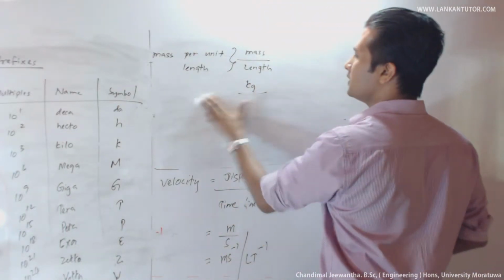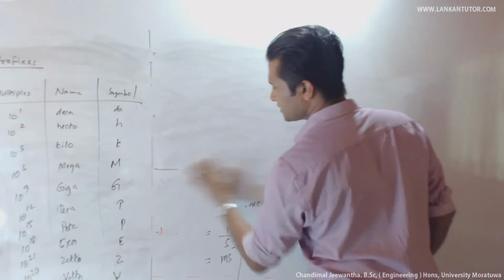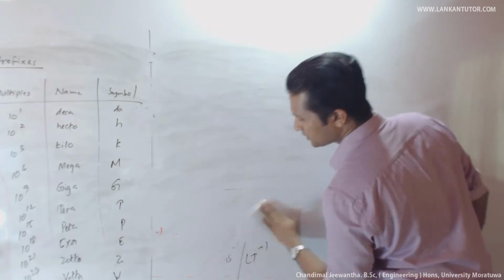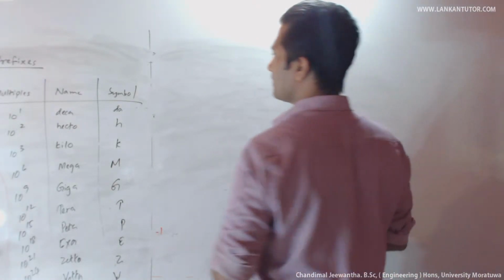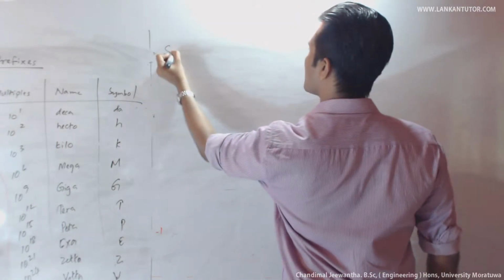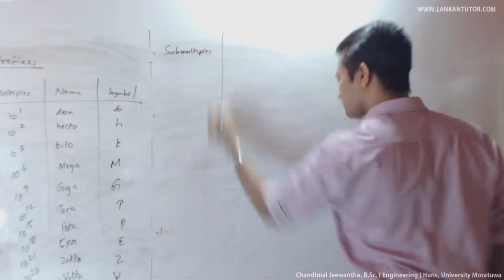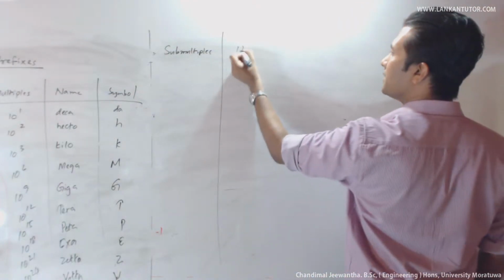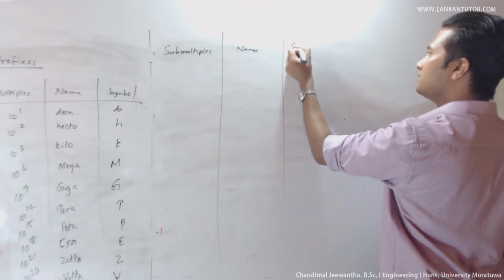Let's go through the submultiples under prefixes. Submultiples, then the name and the symbol.